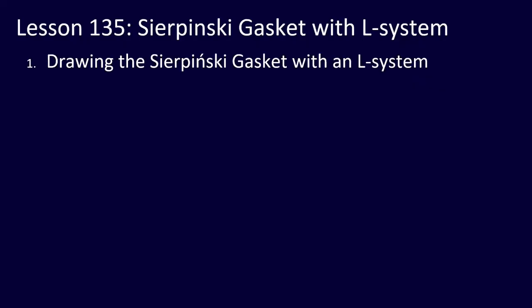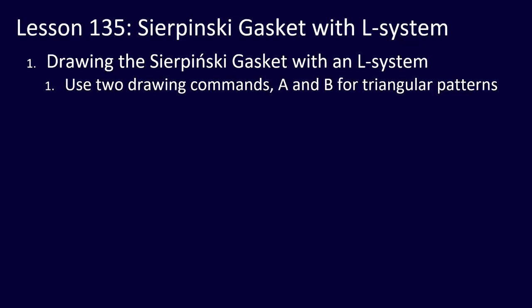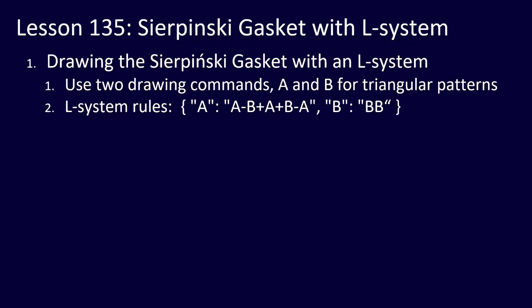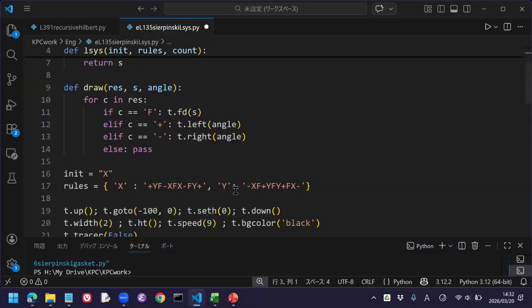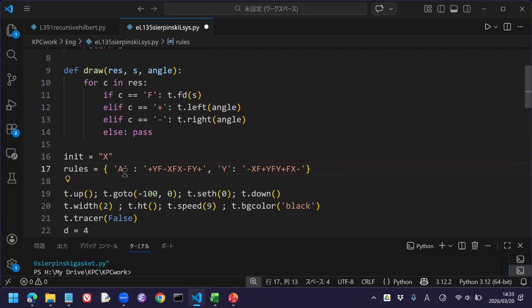So we will be using the two drawing commands, A and B, for triangular patterns. There are two rules: A goes to this and B goes to this. Simply, we start with A. A goes to A minus B plus A plus B minus A. Good.